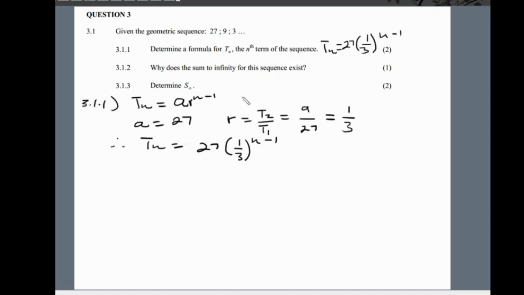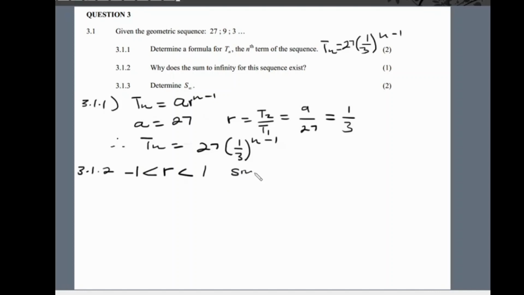Okay, and then question 3.1.2, why does the sum to infinity for this sequence exist? We know that for a sum to infinity to exist, the common ratio must be between minus 1 and 1. That is, r must be greater than minus 1 and less than 1, right?